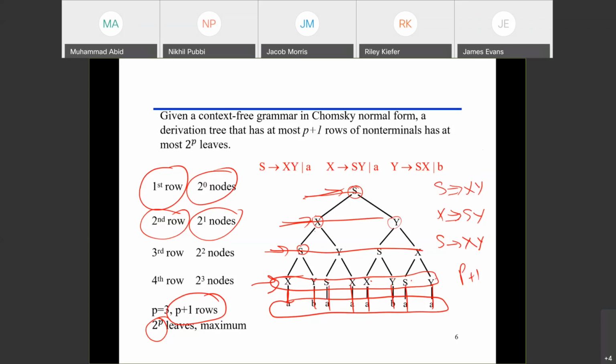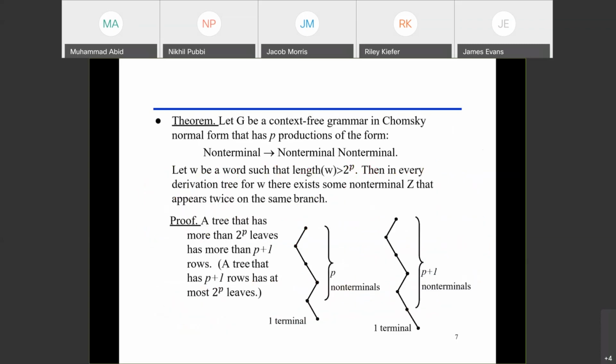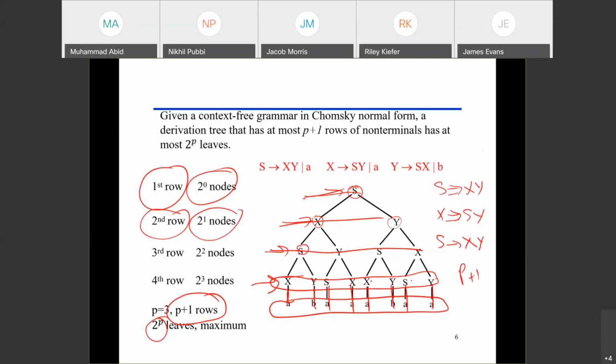Now let G be a context-free grammar in Chomsky normal form that has P productions. If we have P productions, P plus 1 rows, the maximum size of the word will be 2 raised to power P. This we already proved here.